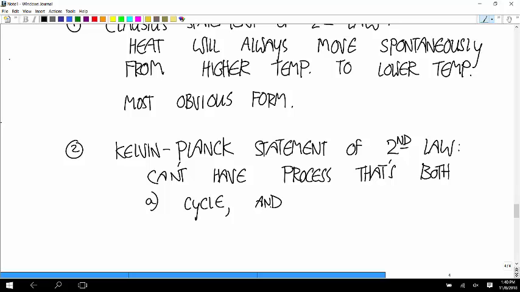In other words, at the beginning and ending of the cycle, you're in the same state. That's what a cycle is. And second, have it in contact with a single thermal reservoir.